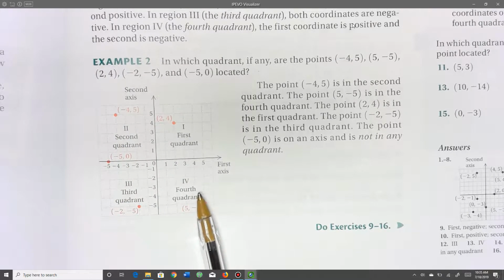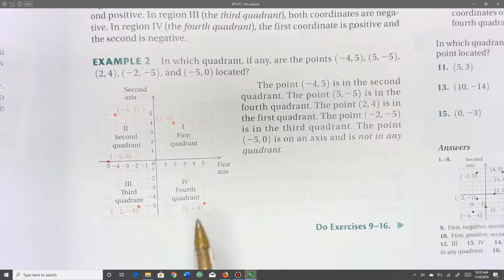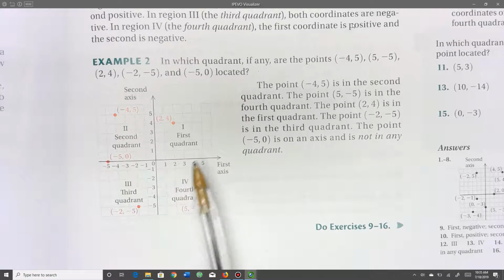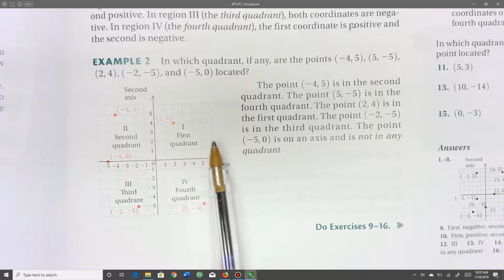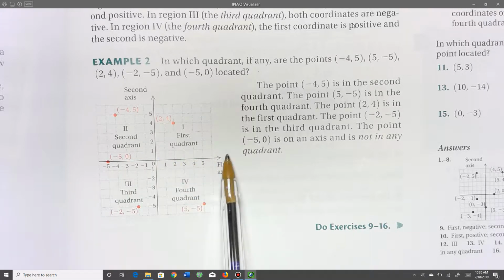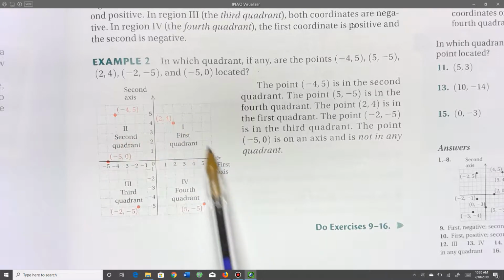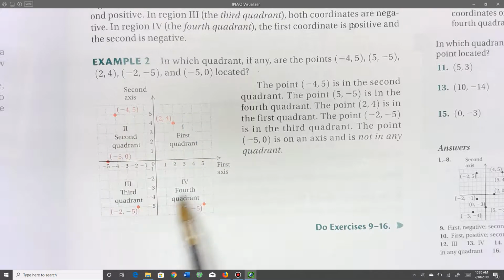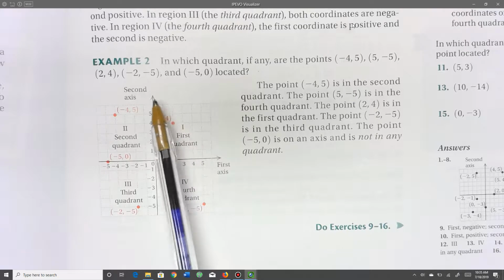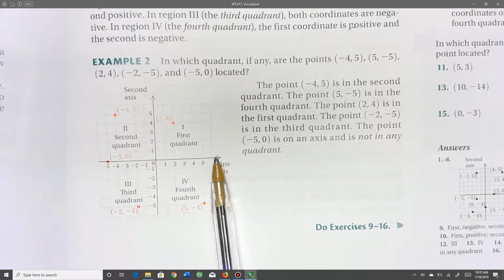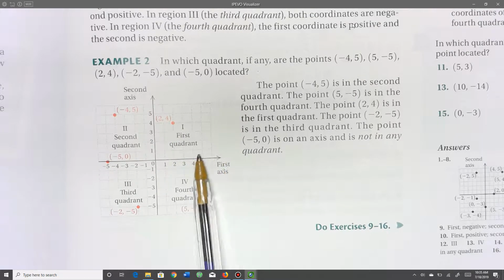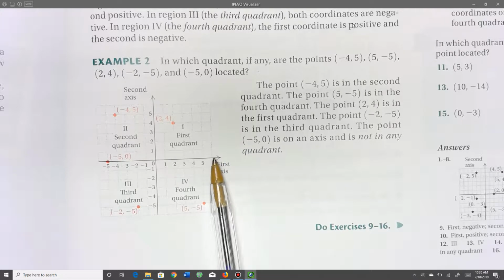Okay, so you need to know that. And see, you're not going clockwise, we're moving counterclockwise, and we don't even start up here, we start over here. So it's way different than looking at a clock.